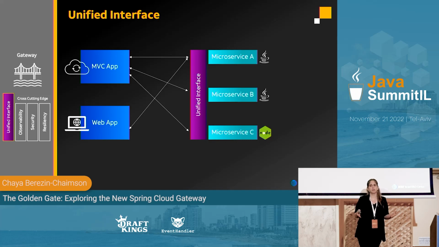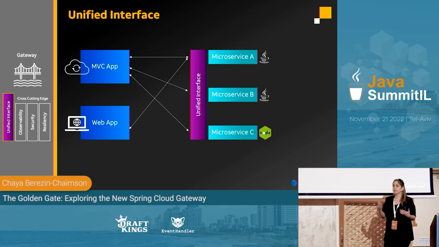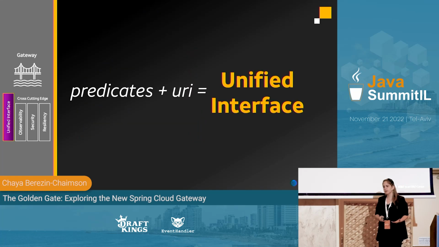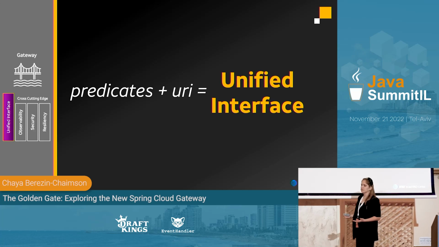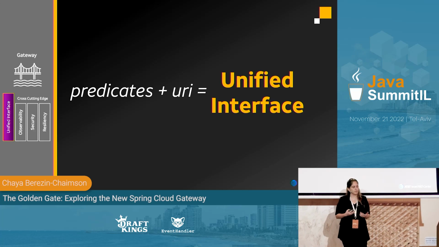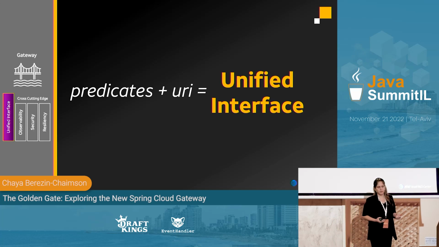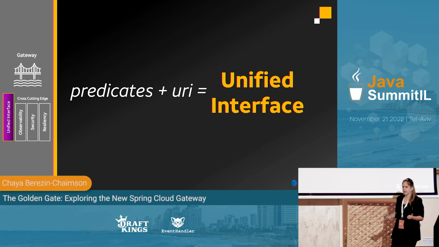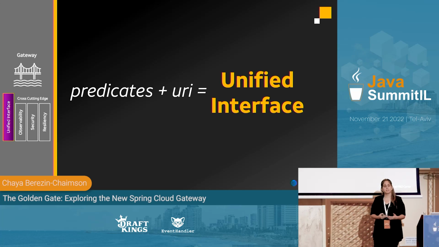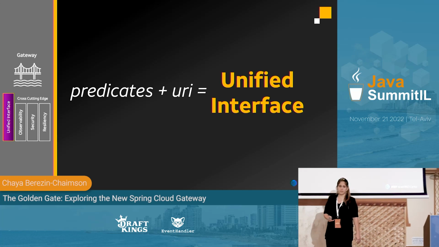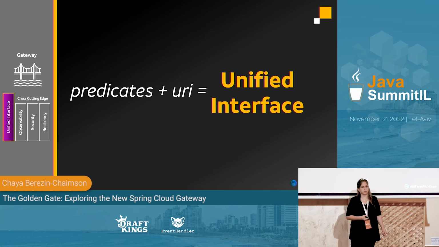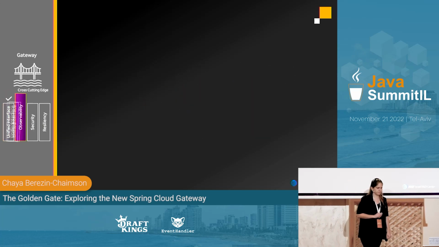And having this gateway component in the middle, exposing a list of routes, and in particular, the combination of the predicates plus the target URI results in a unified interface, because we can change the internal implementation as many times as we want, and it will affect the target URI of the routes. But as long as we don't change the predicates, the interface to the client applications remains the same. It's totally transparent to the client applications. So unified interface is checked.